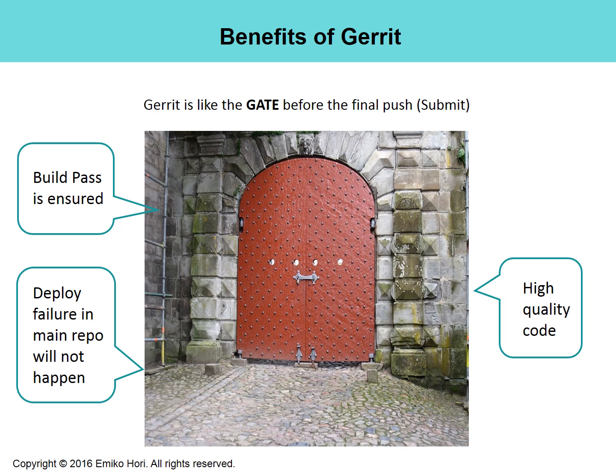By having gates like this, in this particular model, the build pass is ensured. And because of these gates, deploy failure is not going to happen in the main repository. Therefore, we can maintain high quality code.